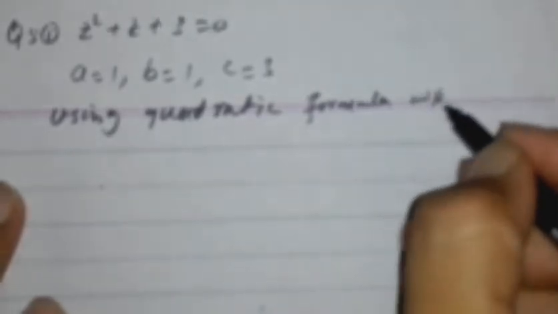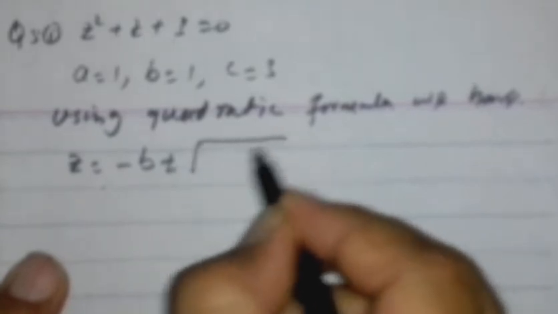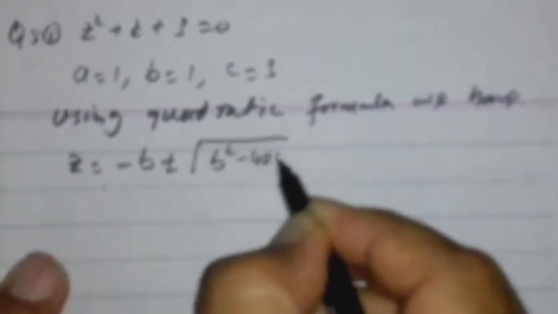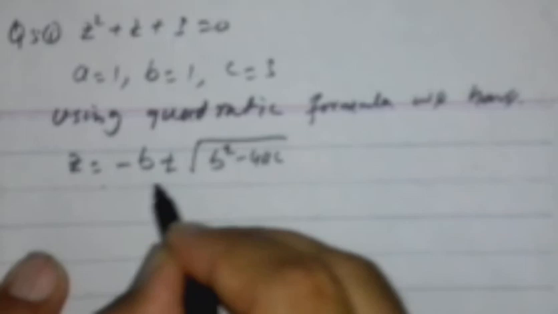Using quadratic formula, we have z equals minus b plus minus under the root b square minus 4ac divided by 2a.